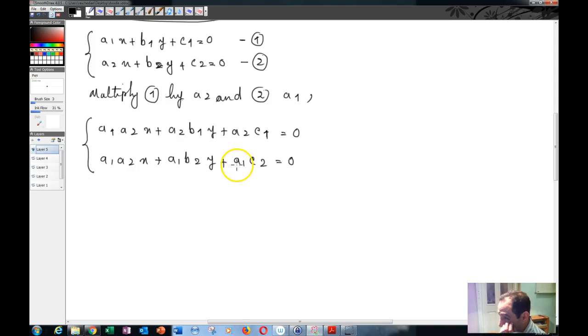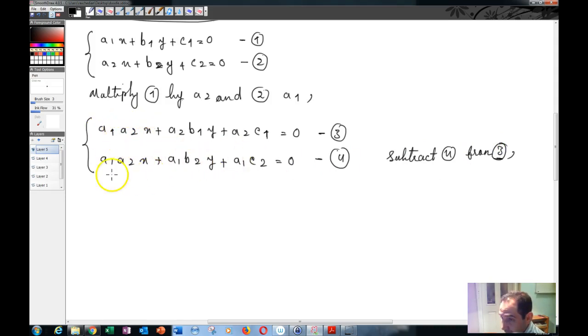Okay, and now I can call these, for example, 3 and 4, and then subtract 4 from 3 in order to get rid of these two terms.